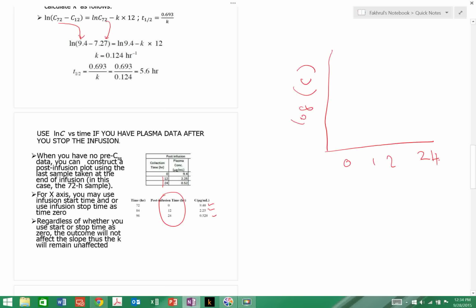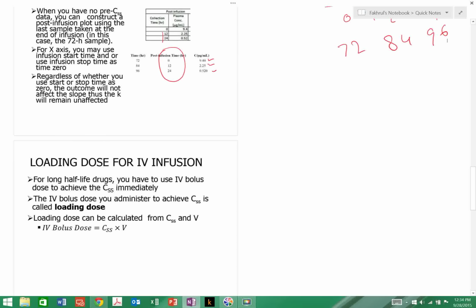Instead of 0 to 24 you can put 72, 84, 96. So if you take initial time into consideration, you can plot the data. Either way, if you plot the data, the outcome is going to be the same. You will have the same elimination rate constant. We will practice this problem tomorrow in the class.